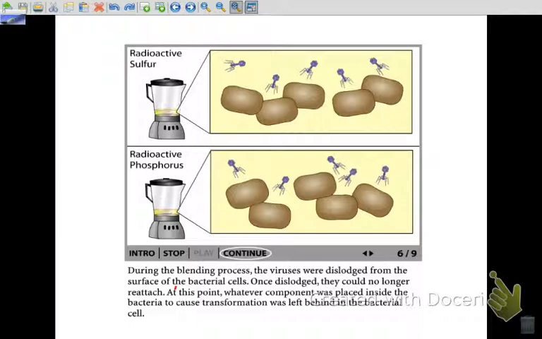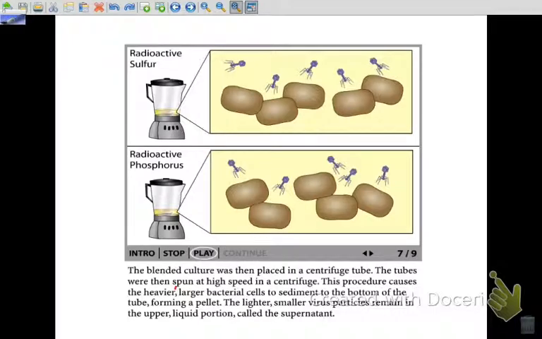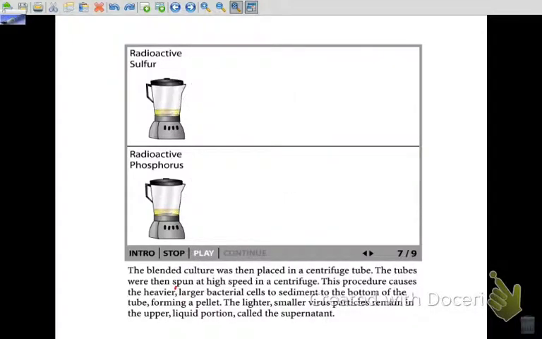They only want to look at the cells. Okay? So right now we have a mixture of cells and a mixture of some liquid with viruses. Which one do you think is going to be heavier? The cells or the liquid? The cell. The cell's going to be much heavier than the liquid. It's got all the organelles and everything.